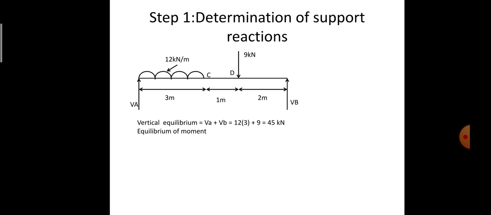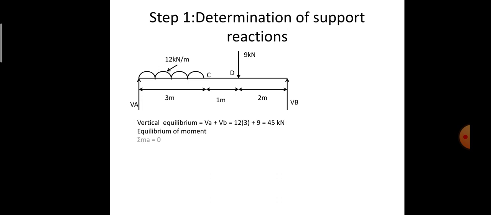Therefore, in order to apply the equilibrium condition of the moment, we are going to consider the reference point at either of the supports, either at A or at B, not anywhere at the midpoint. So in order to determine the support reaction, we can take the moment at any one of the points, either at A or at B.